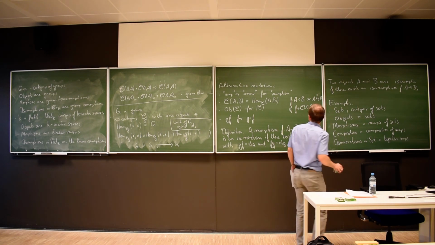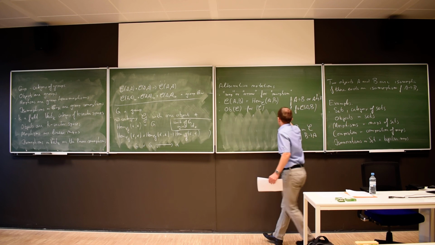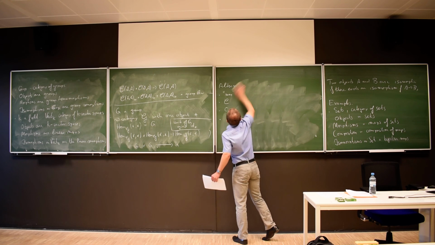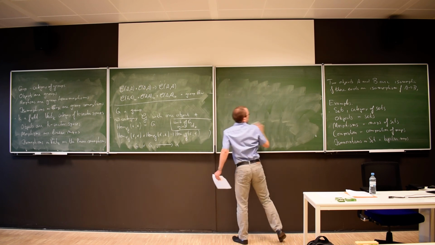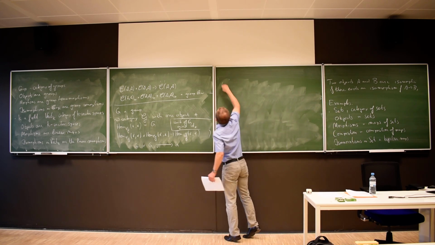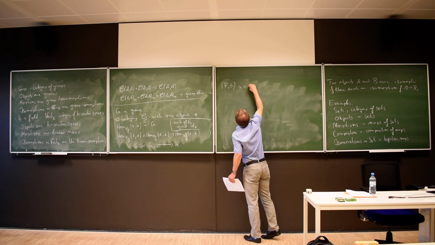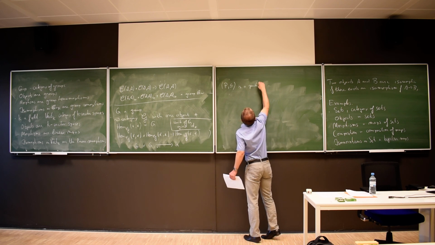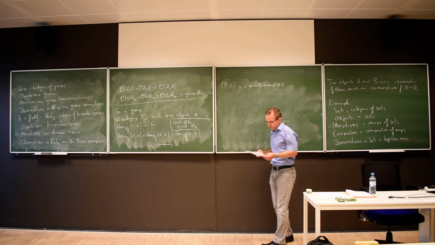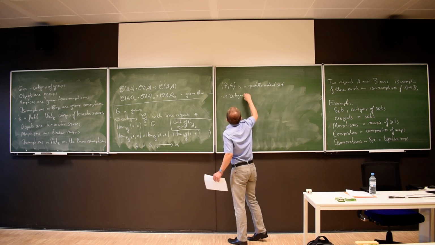I'll now give another, so to say, small example of a category. So suppose that (P, ≤) is a partially ordered set, then we can distill a category from this mathematical structure.